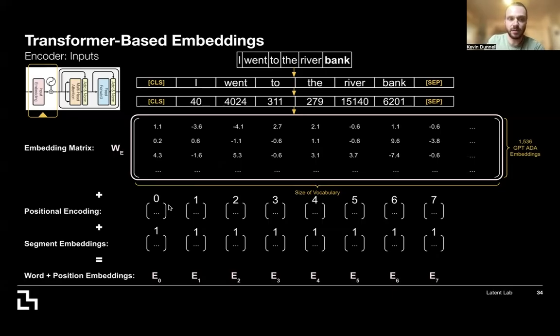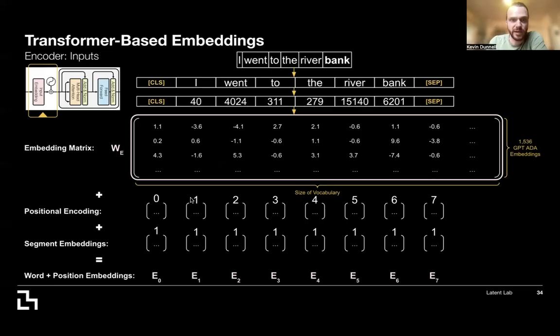And then we add a couple of additional pieces of information. We have a positional encoding, which encodes where in the sequence this token is falling. In the original Transformers paper, they used a sinusoidal encoding, but in BERT these are learned parameters as well.